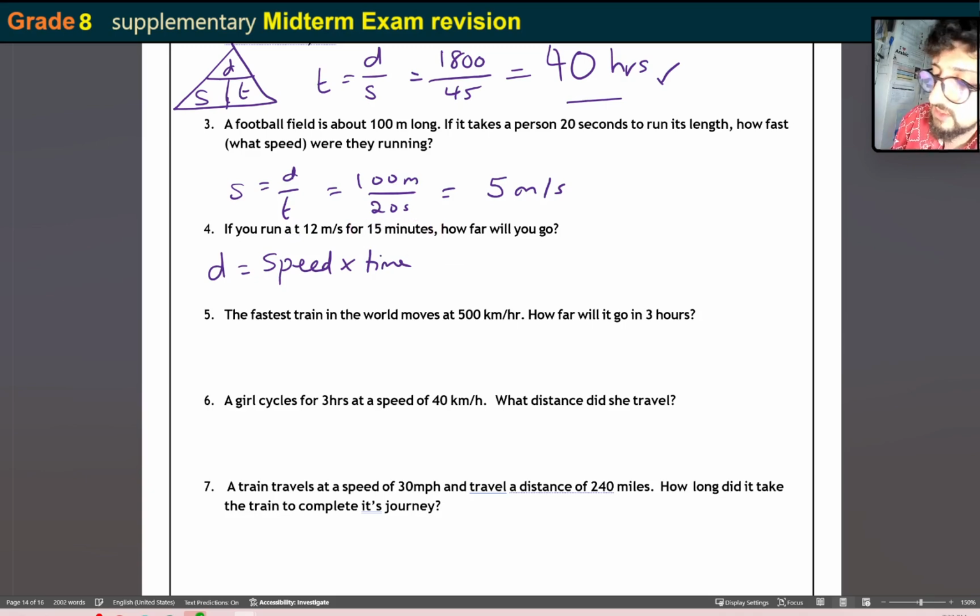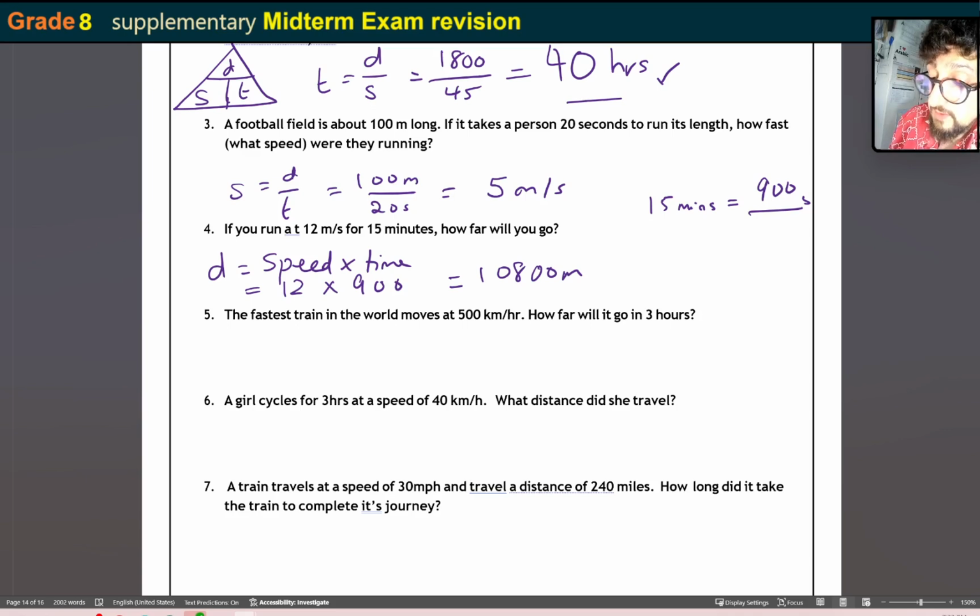How many seconds in a minute? 60. 15 minutes has 15 times 60, so that's 900 seconds. So that's going to be 12 meters per second, the speed, multiplied by 900 seconds, and that's going to be the distance. 12 times 900, which is 10,800 meters.